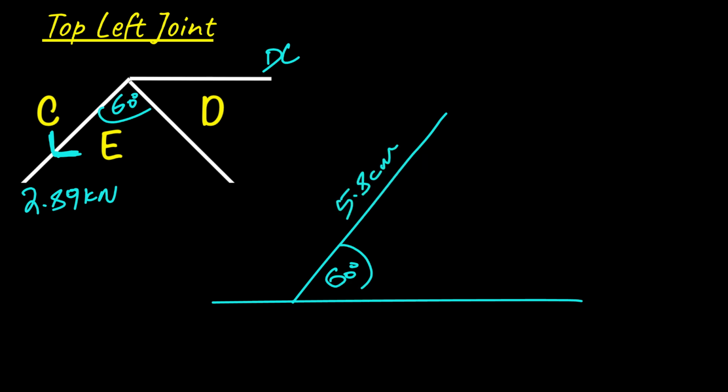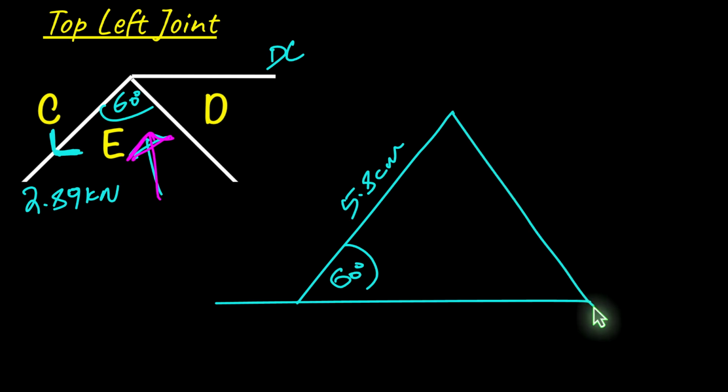Now, the next force member, we know that all our internal angles are 60 degrees. So if you notice right here, CE, right there, I've just drawn this arrow right here. That's where I'm pointing. CE and DE, they meet at 60 degrees. So if I just connect these two now, what we have here is DE.